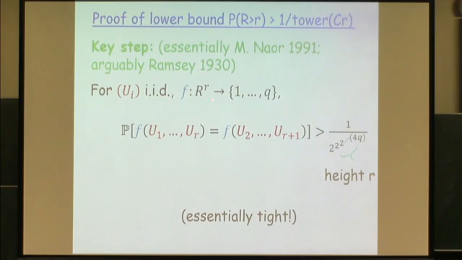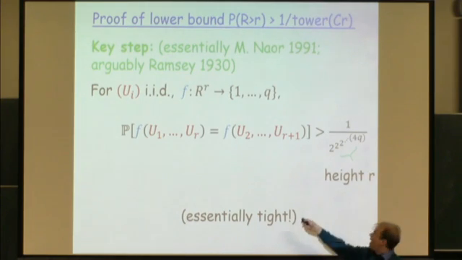This is supposed to be a blackboard bold R, the real numbers, of r arguments that takes just discrete values, integers 1 up to q. And let's look at f of u1 up to ur, and then slide along by 1, f of u2 up to u r plus 1, and ask whether those two are equal.